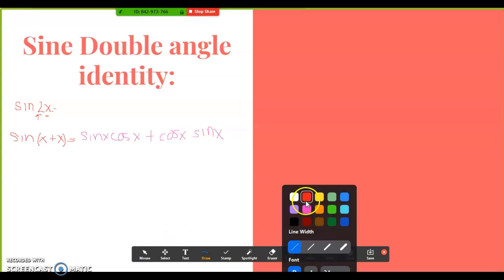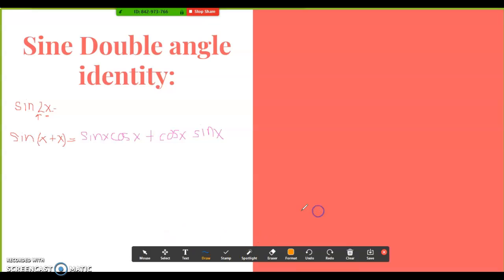Now, if I look at this expansion, I notice I can go ahead and rewrite or interchange this expression at the end, cosine of x times sine of x, because we got multiplication here. So what I'm going to do is rewrite the expression like this.